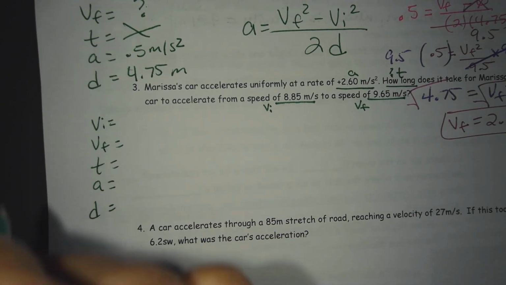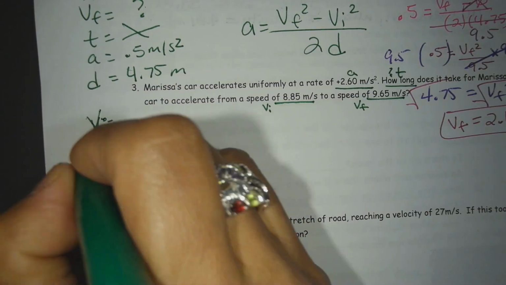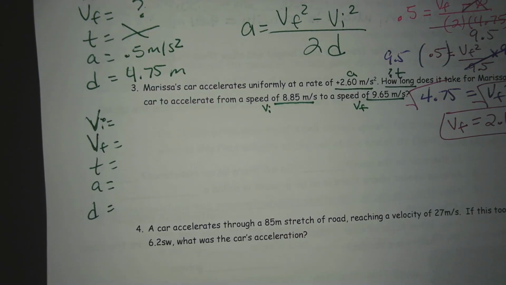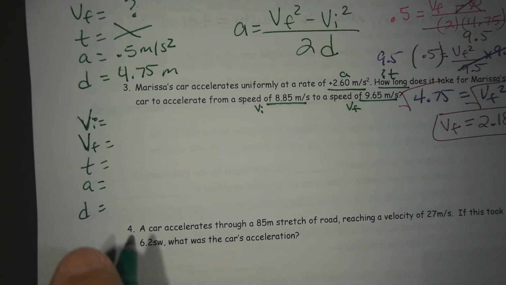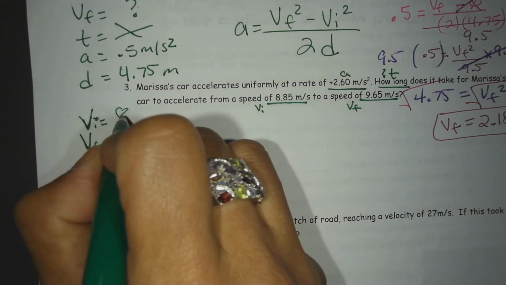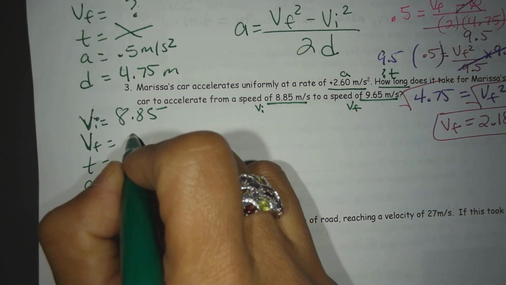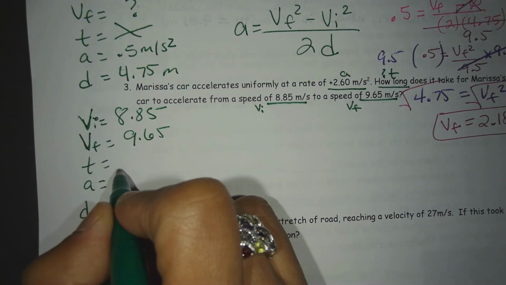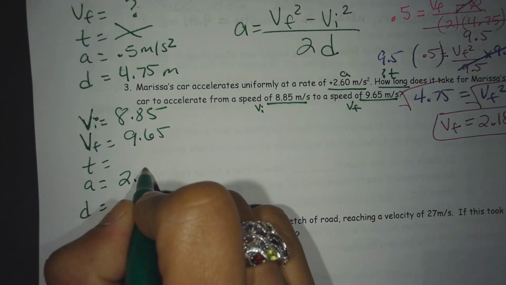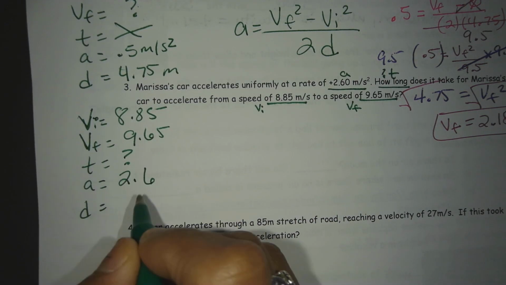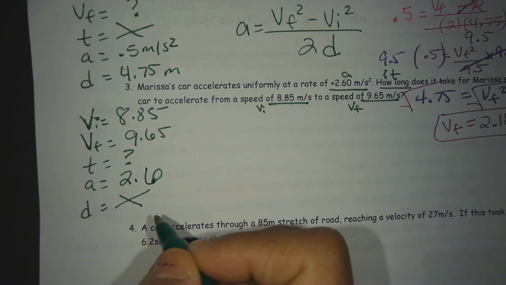I wanted to practice. So here, they gave me the VI of 8.85, the VF of 9.65, A of 2.6, T is the question mark, and distance was never even used.